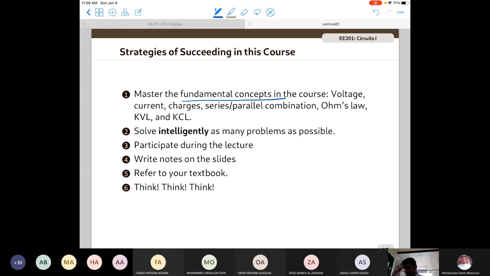A very important thing I noticed is that if you participate during lectures, then most of the vague concepts that were not clear can be clarified. And this will help you reduce the time you need to study the course. Although I'm going to post the slides on Blackboard, it's very important that you write your own notes during the lecture.